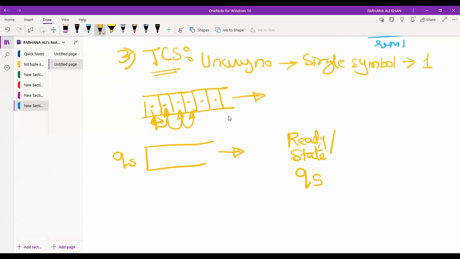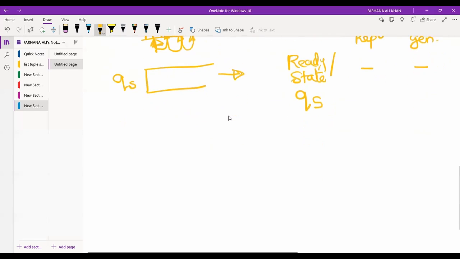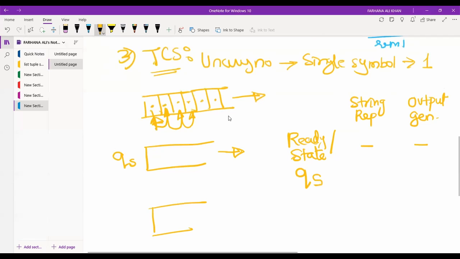Now what kind of string is represented by QS? The string represented by QS is nothing. What kind of output is generated by QS? The output generated is nothing, because this is ready to go. Now, as we have considered the unary number system, we have to decide how many tapes there will be.